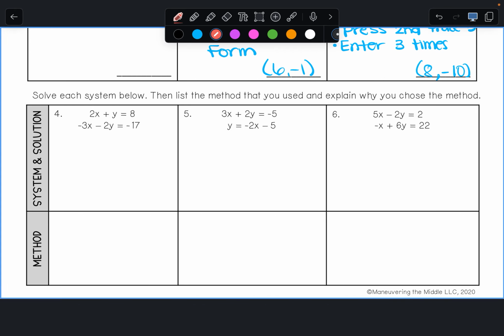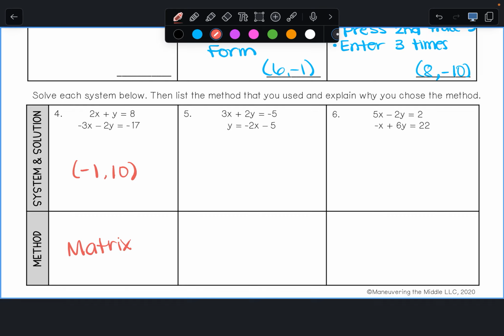So what method are we going to use? Matrix. Okay. Negative 110. Good.